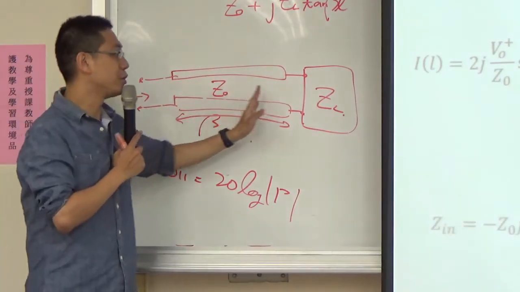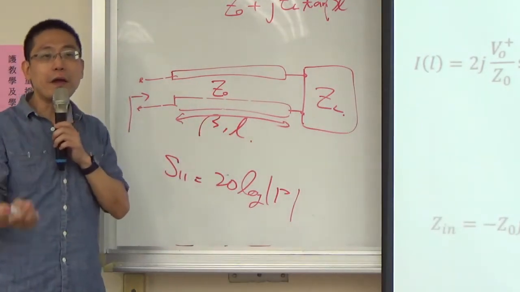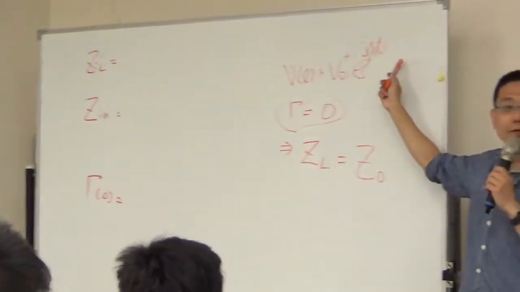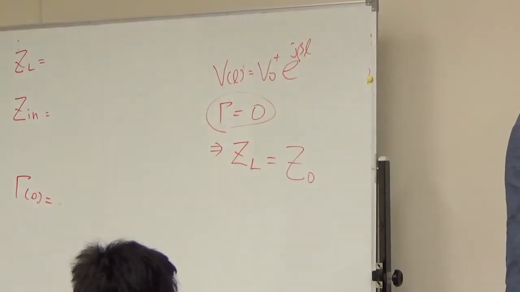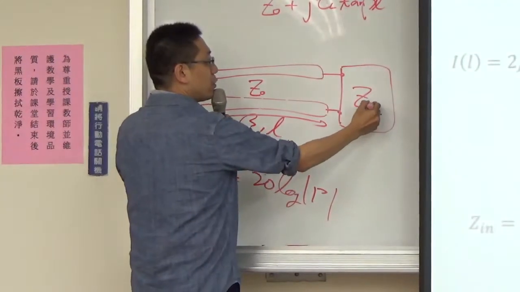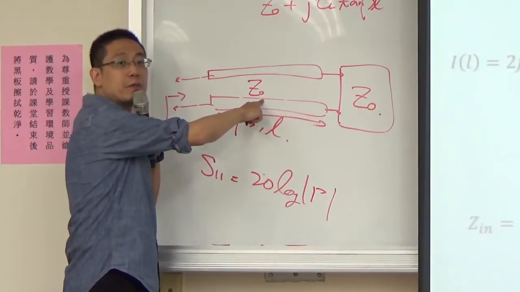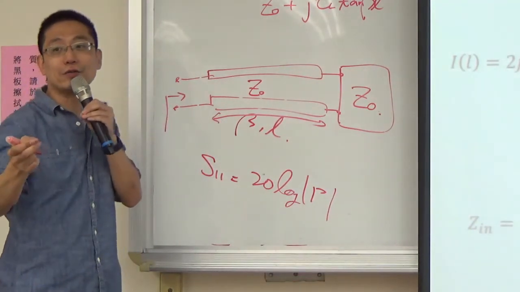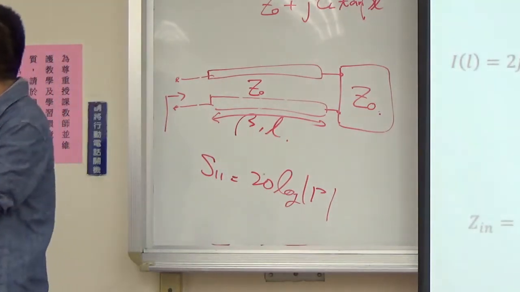If you want to get rid of the reverse voltage, you connect this transmission line to an impedance equal to your transmission line characteristic impedance. If your transmission line is 15 ohm, you connect to 15 ohm, and you can obtain the result.